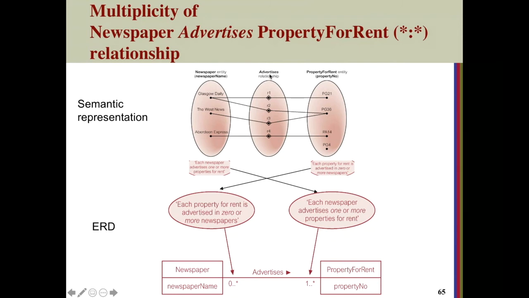The relationship it advertises should be in a diamond. For simplicity, they have not made a diamond, we must make a diamond. Okay, then it is 0 or more, it is written with a star, you can write star, you can write M. It is 1 or more, so it is 1 or more, you write it with a star.